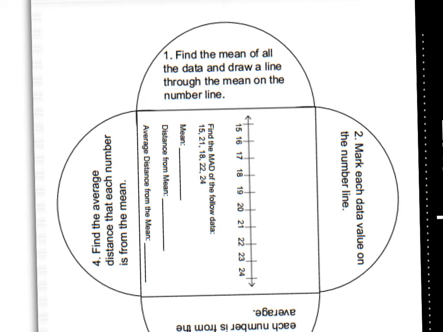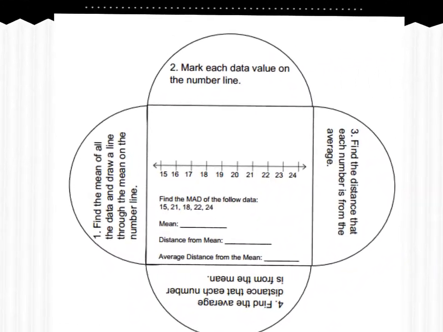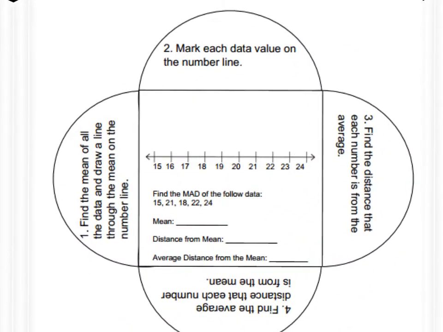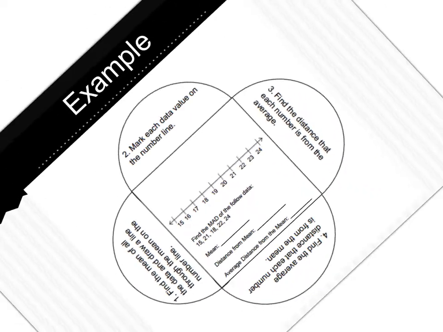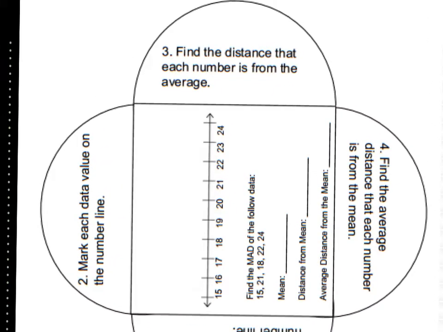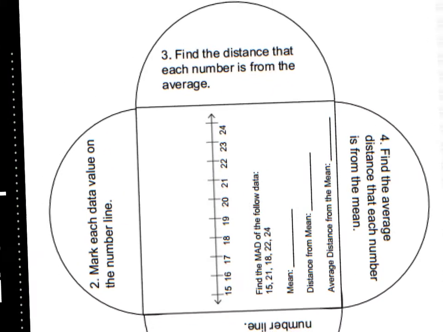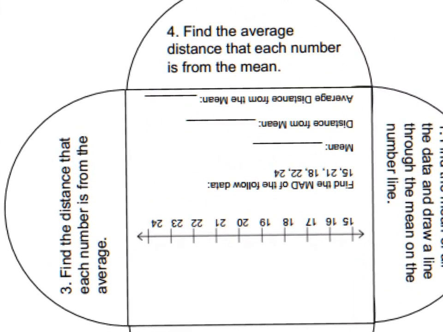on the number line. After we find the mean, or average, of all the data, we're going to mark each data value on the number line. And once we have each of our values marked, we're going to find the distance that each number is from that mean. And then we're going to find the average of all of our distances from the mean.